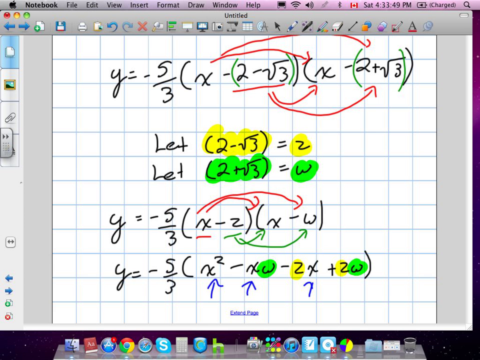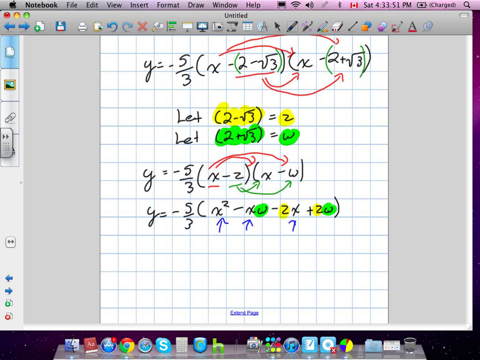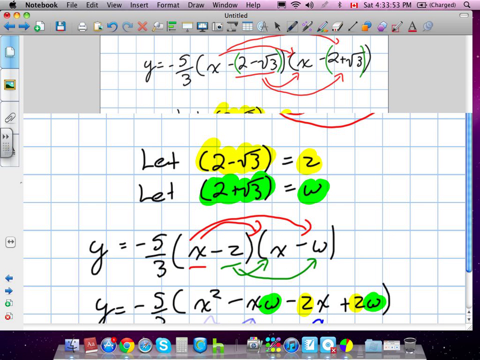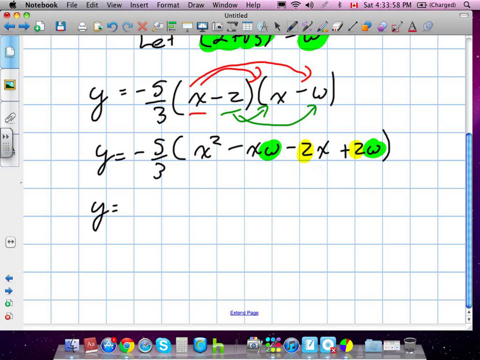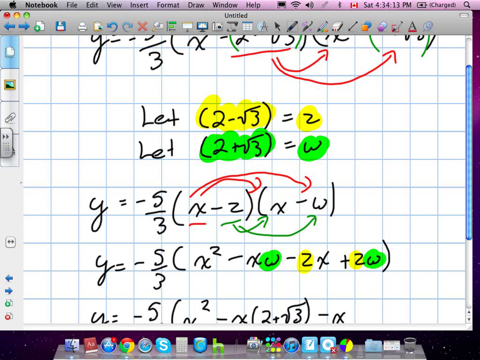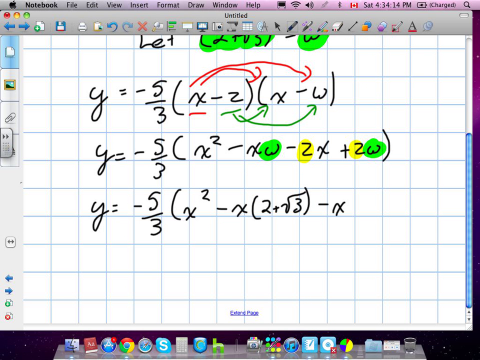So y equals negative 5 over 3, x squared minus x. We said w was 2 plus root 3 minus, we're going to say x again. Z was 2 minus root 3, plus, and these are multiplied by each other.